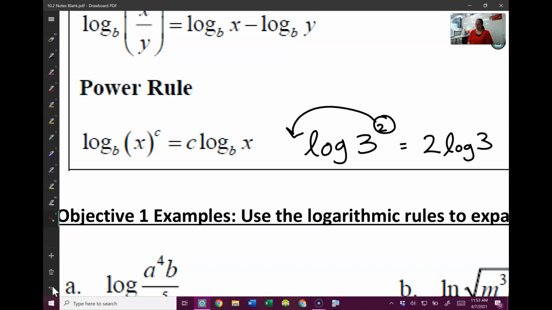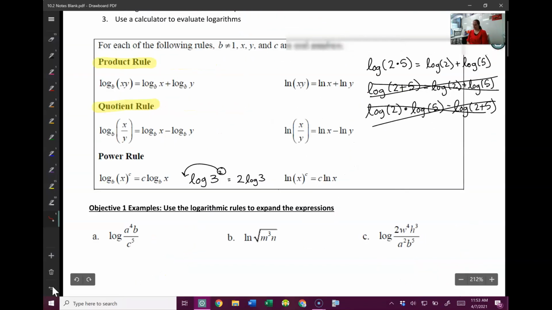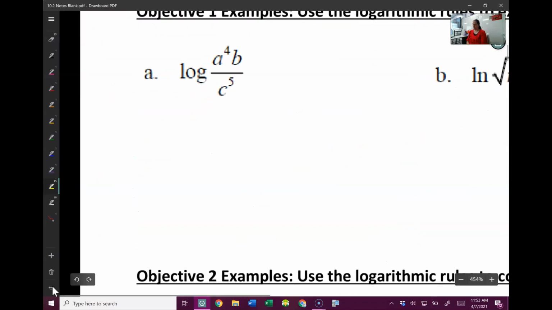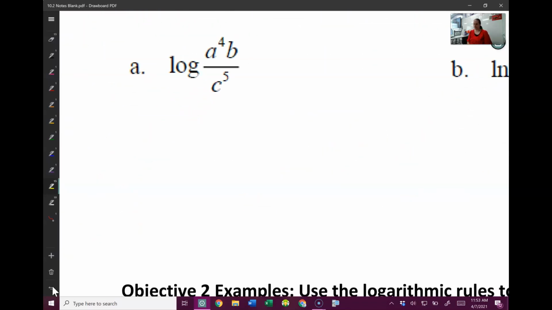That's our power rule. Now let's take these 3 rules and apply them to our first problem right here. So we're going to start by ignoring the exponents for now. We're going to pretend the exponents aren't even there, and we're going to do those 2 exponents very, very last. We're going to worry about them at the end.